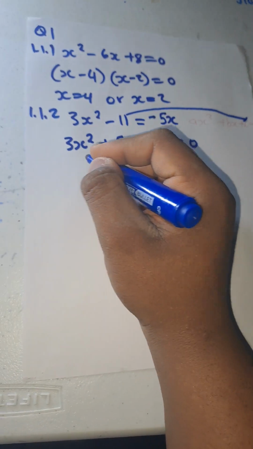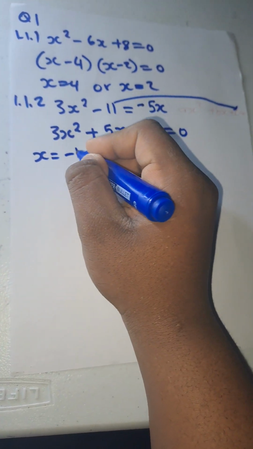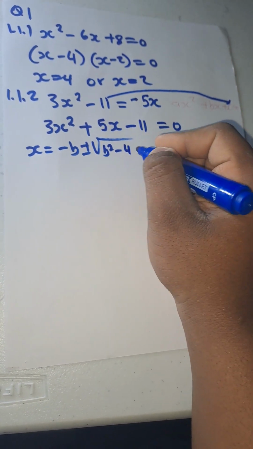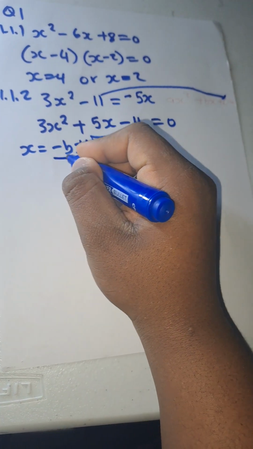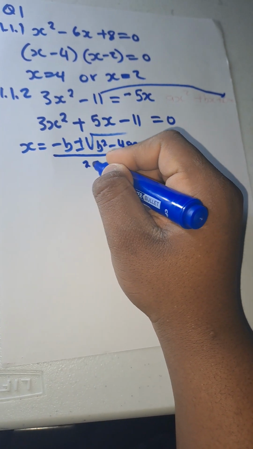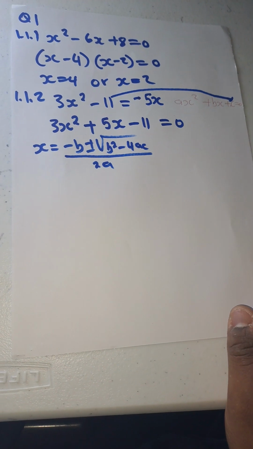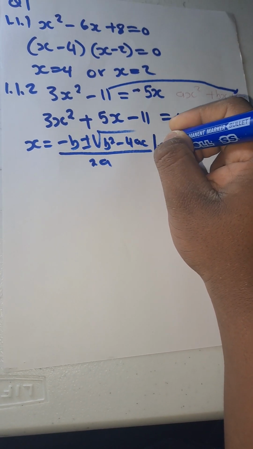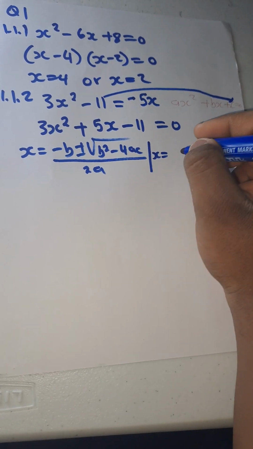Then now I'm going to put my quadratic formula. x equals minus b plus or minus the square root of b squared minus 4ac, over 2a. And now we are going to substitute. You're going to do this and find the answers on your own.